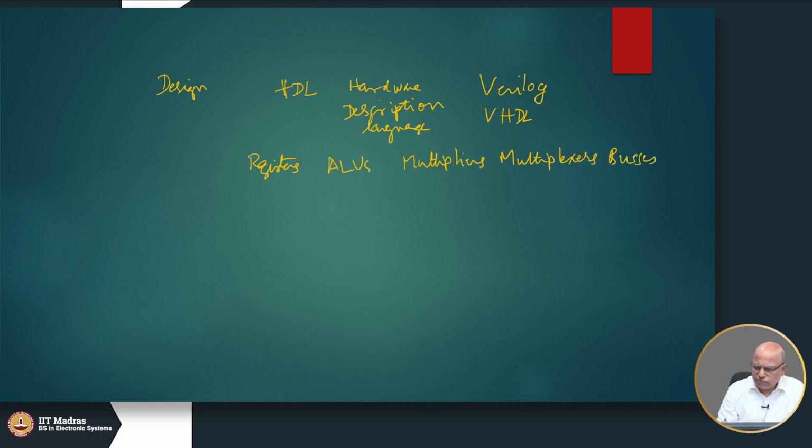These are the kind of building blocks that we use, and such a design is called register transfer level design, so, RTL design. And then usually there is a synthesis that is required to get what is called gate level design.